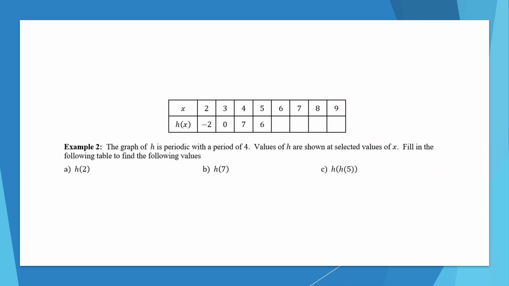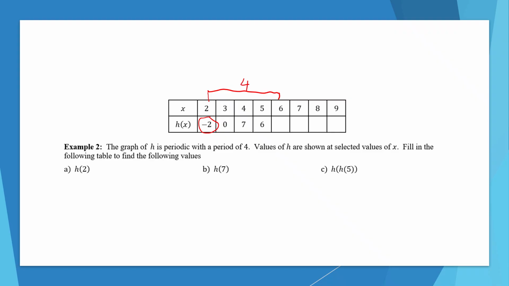All right, so for example 2, the graph of h is periodic with a period of 4. Values of h are shown at selected values of x. Fill in the following table to find the following values. And so here, if we know the period is 4, whatever our y value is when we have an x value of 2, which in this case is negative 2, will be the same for all x values that are 4 units away from 2.